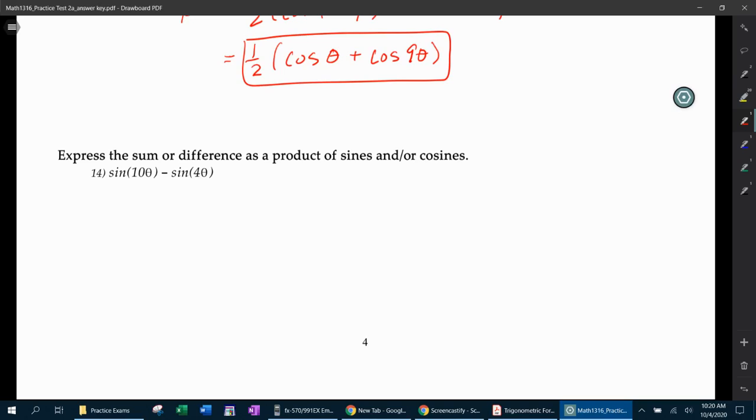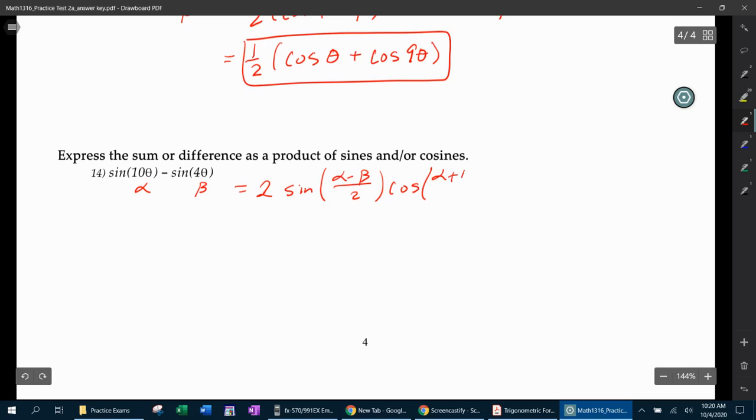Last one, we have sine alpha minus sine beta. Express the sum or difference as a product. So the formula for sine alpha minus sine beta is 2 sine of alpha minus beta over 2 cosine of alpha plus beta over 2.